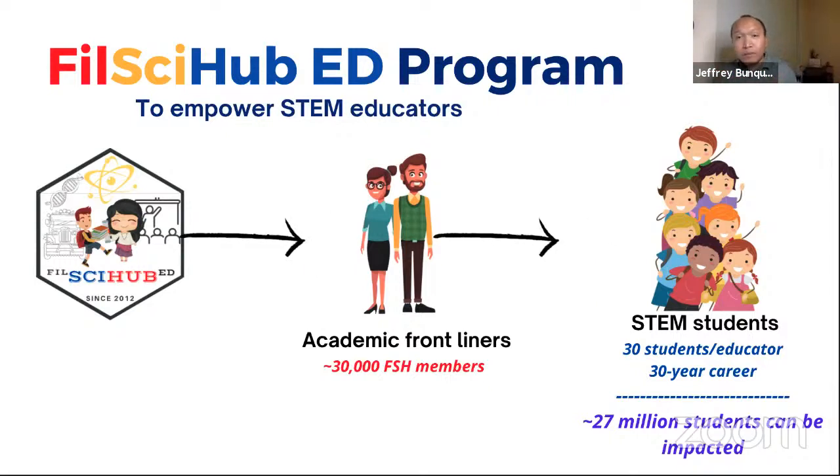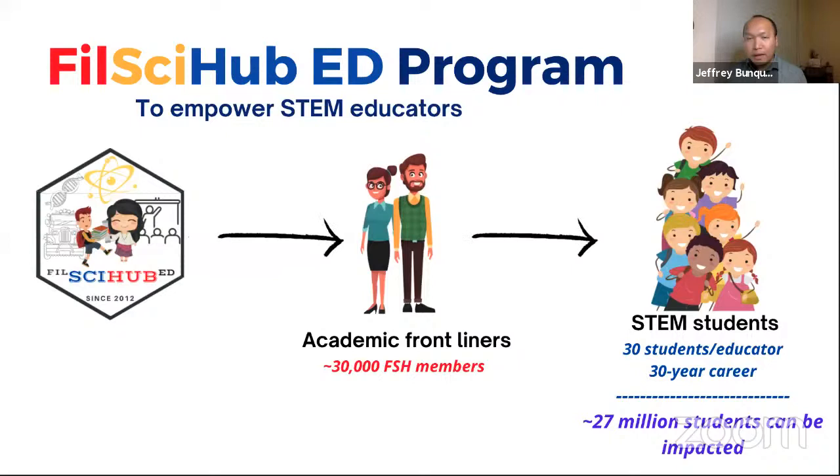So at the moment we have nearly 32,000 followers on Facebook. And majority of them are actually early to mid-career level teachers, so educators. So if you can imagine that, about 30,000 teachers are to be trained by organizations like us, you can just imagine the impact of that.